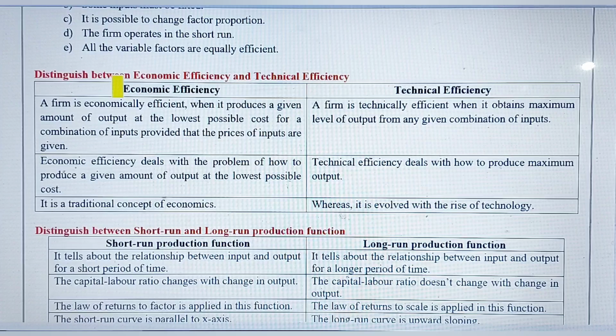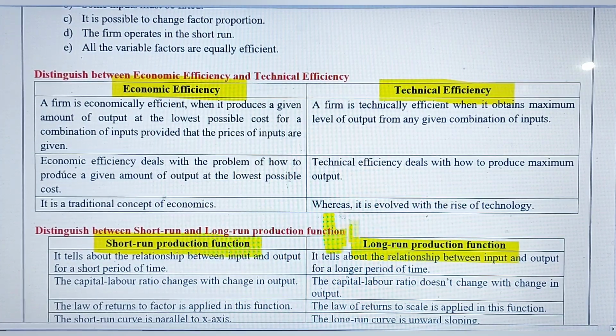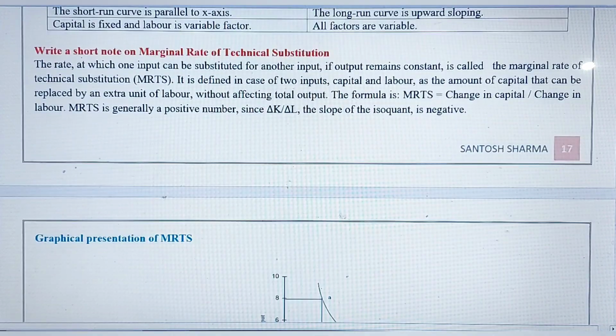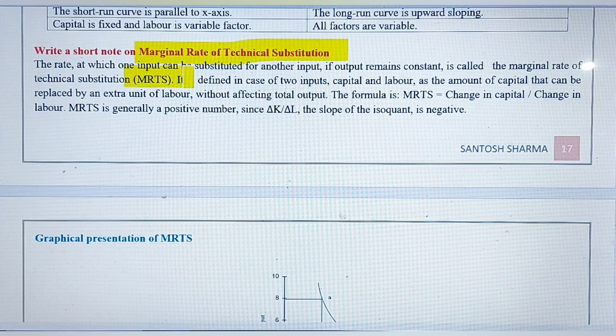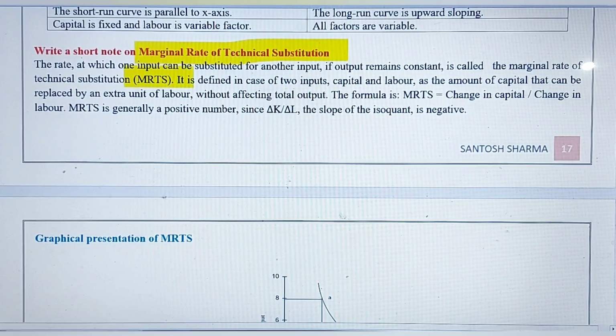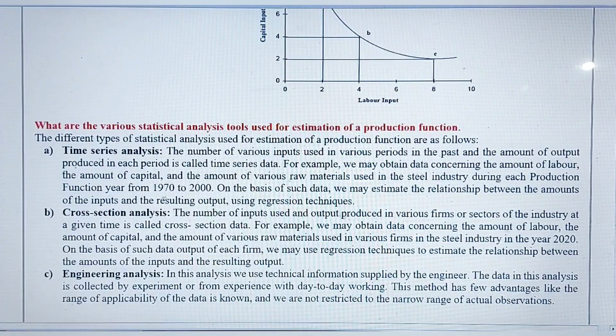You can also learn these types of differences like economic efficiency and technical efficiency, and short run production function and long run production function. So basically this question is more important. And then we have one more question here: marginal rate of technical substitution, which is also known as MRTS. Its graphical representation and its schedule also you can draw.